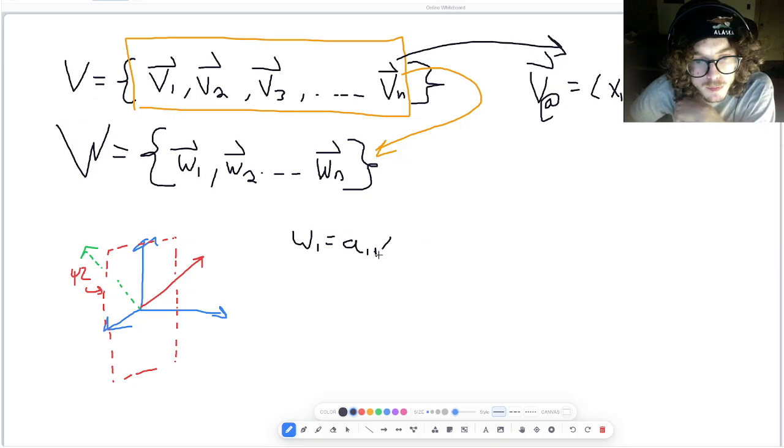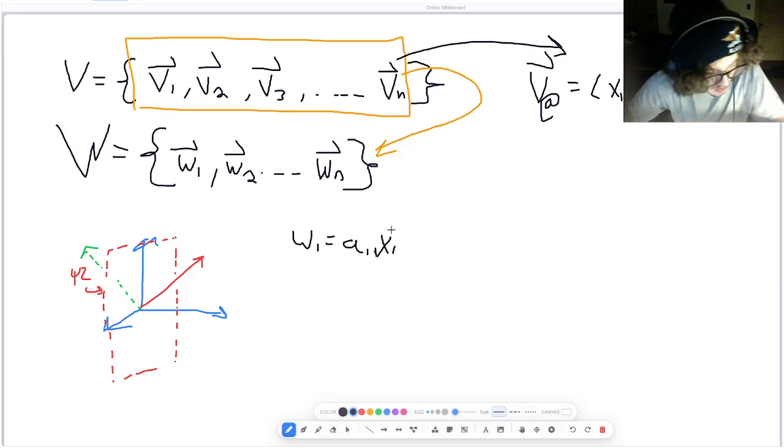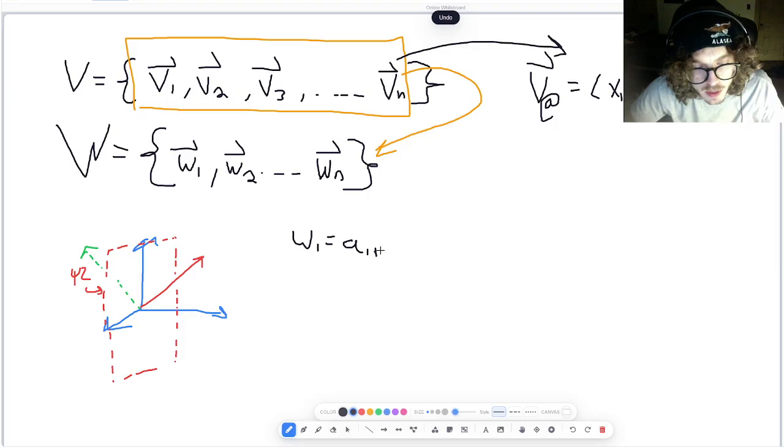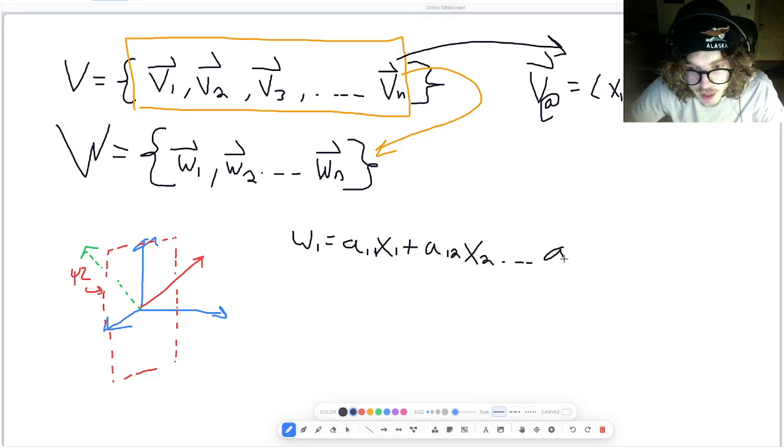I'm just going to assume that you know some linear algebra to a good degree, so we're just going to go for it. W1 is A11 x1, it's row, column, times x, dot dot dot, A1n xn. I need to learn how to draw, guys.